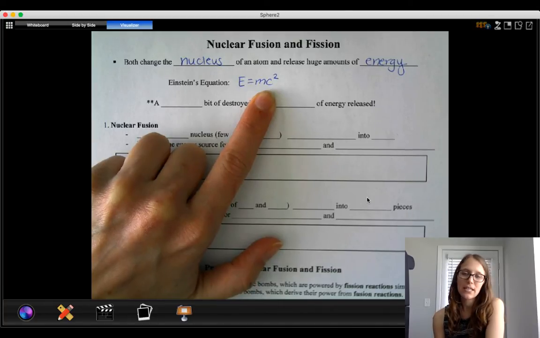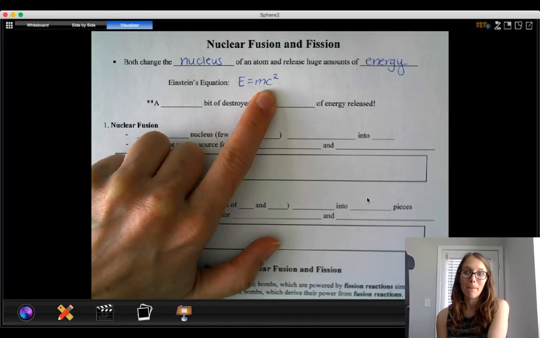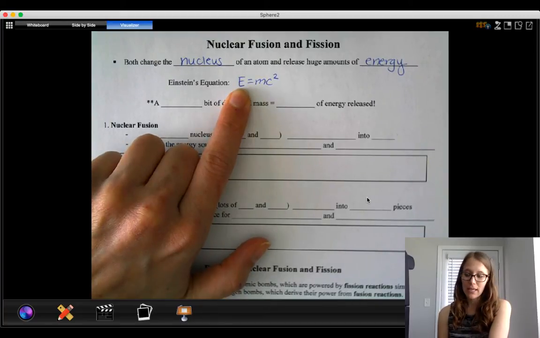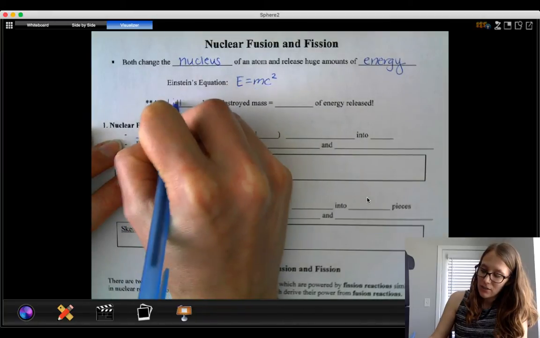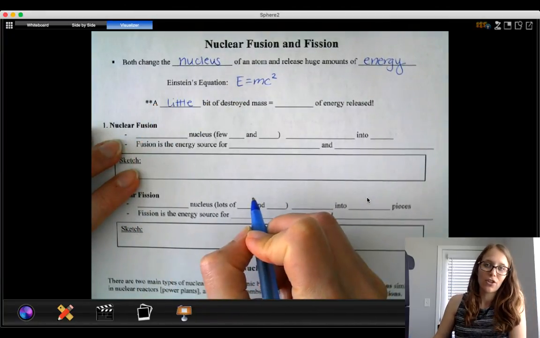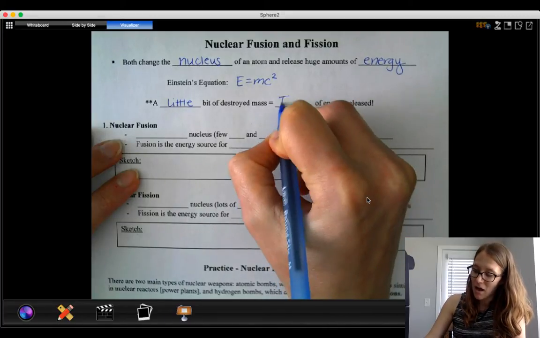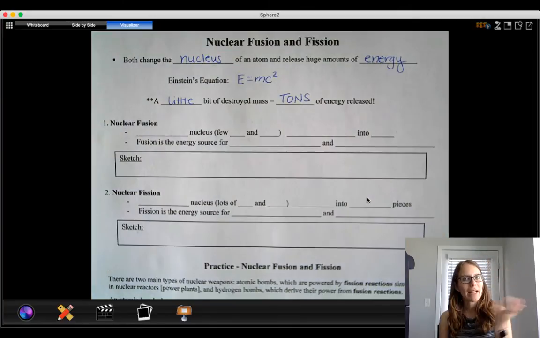What this essentially tells us is if a tiny bit of mass from the nucleus gets destroyed during a nuclear process like fusion or fission, a tiny bit of mass, when multiplied by the speed of light, a big number squared, is actually going to give us a huge amount of energy released. So our takeaway from Einstein's equation: just a little tiny bit of destroyed mass during a nuclear fusion or fission process is tons of energy released.